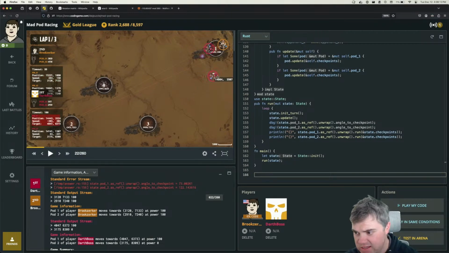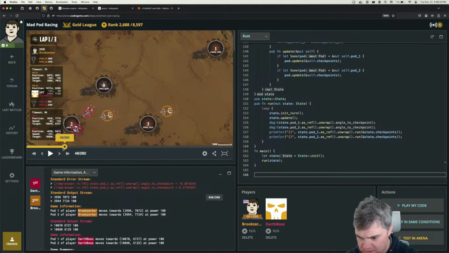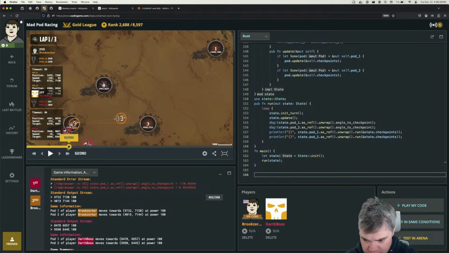That's 73, and the other pod is 122. So that sounds right. Now we're both pointing pretty close to it. That's fine. Pod 1 is facing completely away, negative 170. That sounds appropriate.